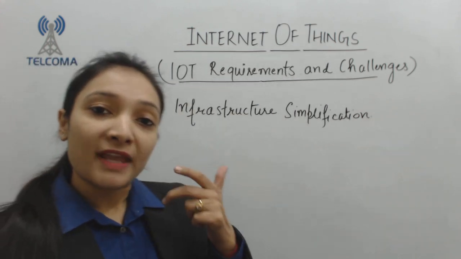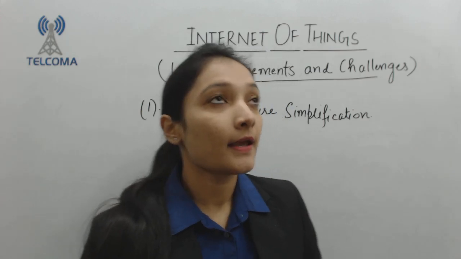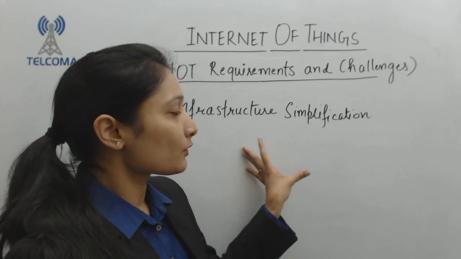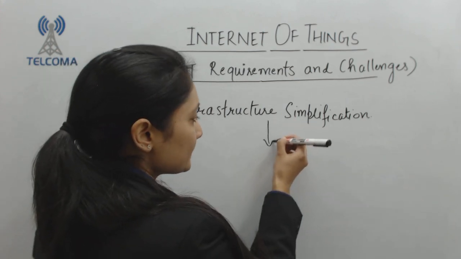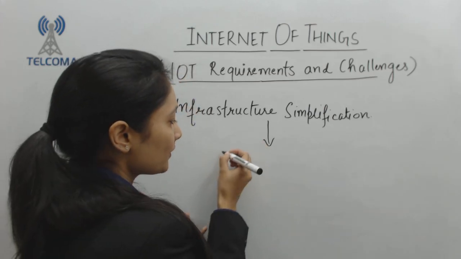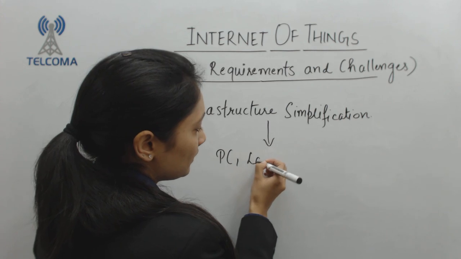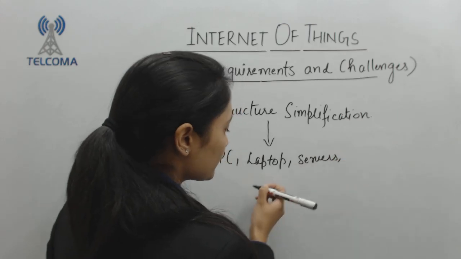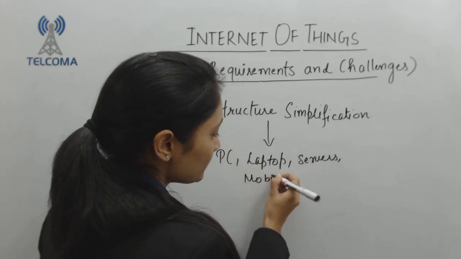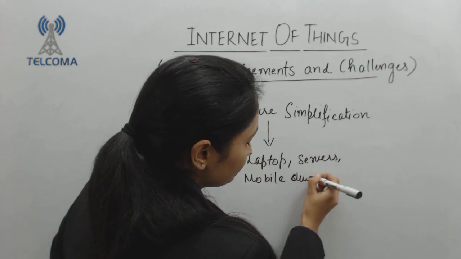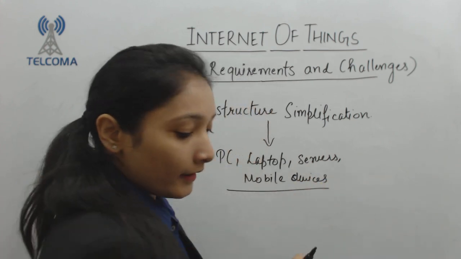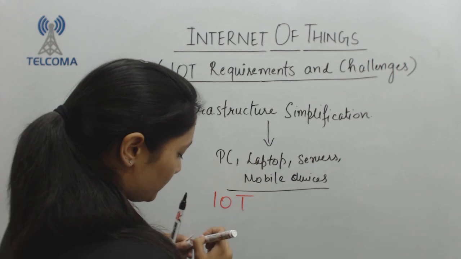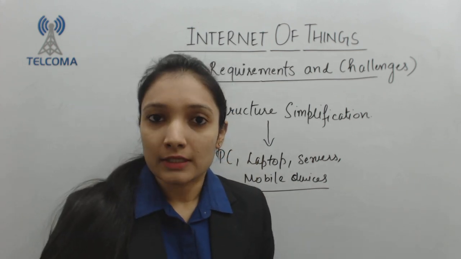Now we know that the existing internet structure is here to provide connectivity to your PC, laptop, servers, and now your mobile phones, that is your smartphones. But now we have the concept of IoT.